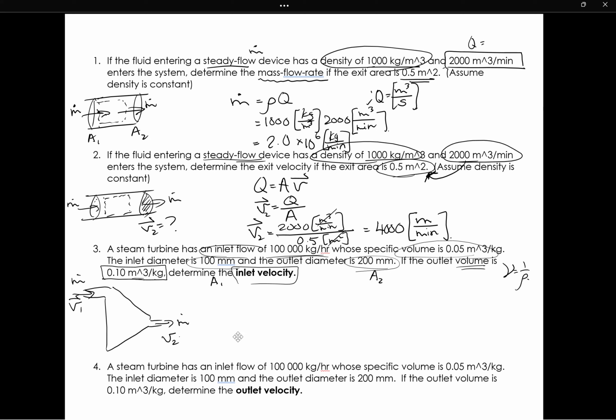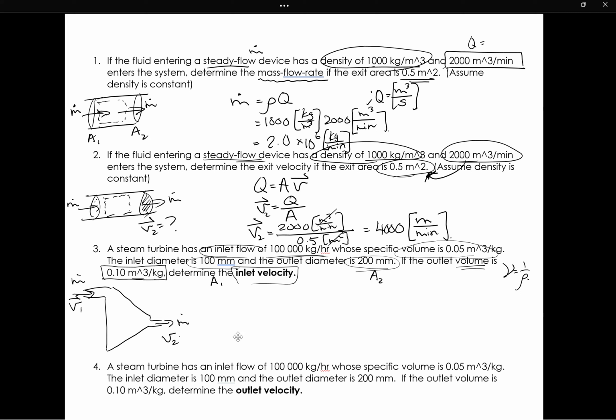So I have a mass flow rate at the inlet. I have a specific volume, so a density at the inlet. I have an area at the inlet. I don't think I even need it at the outlet. So I can relate these things.